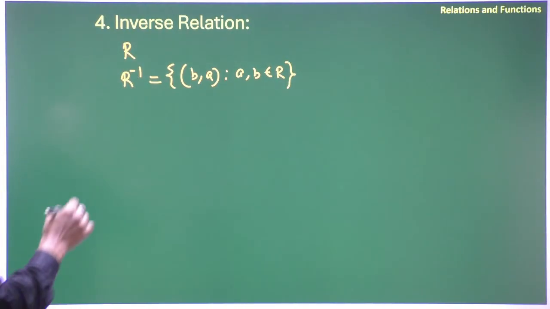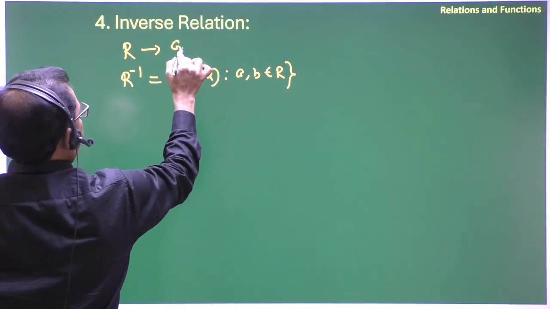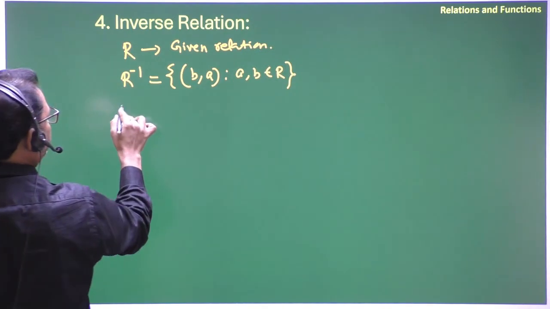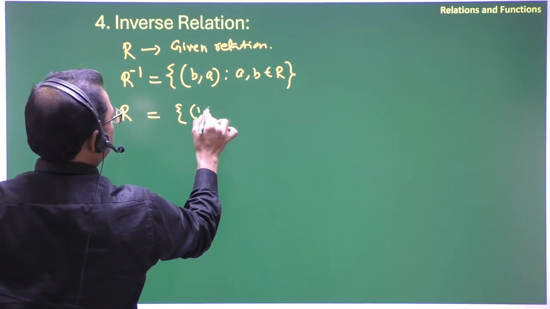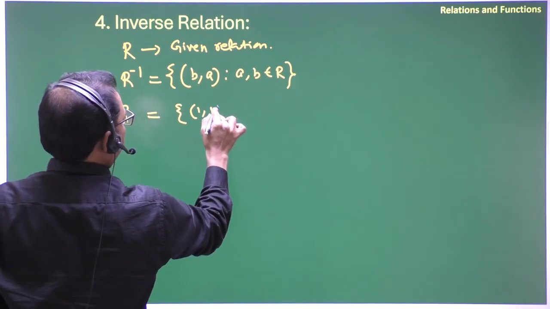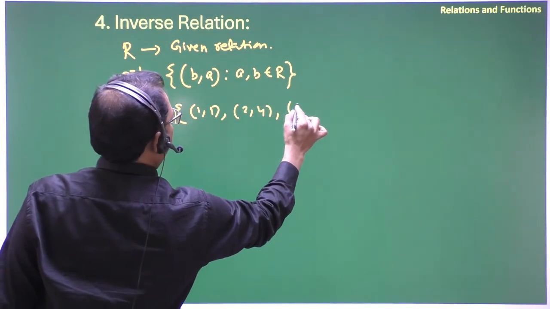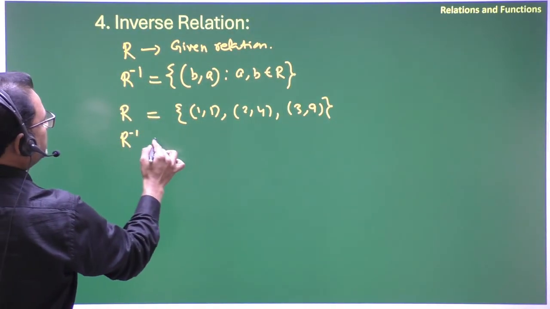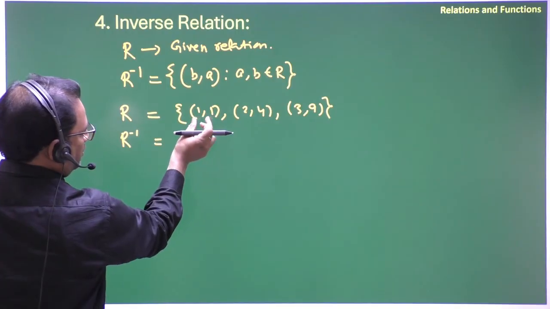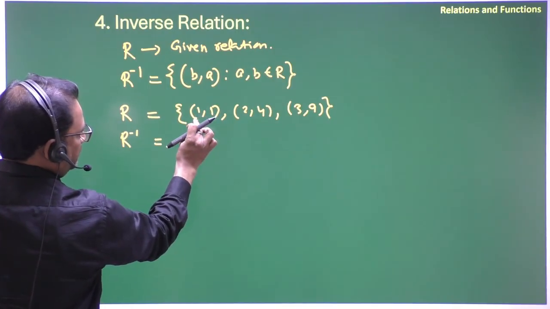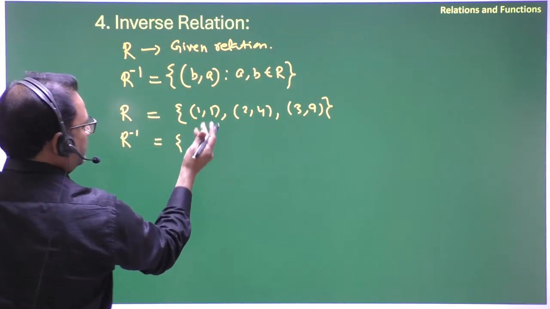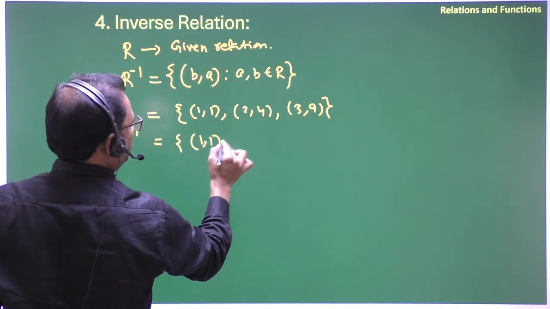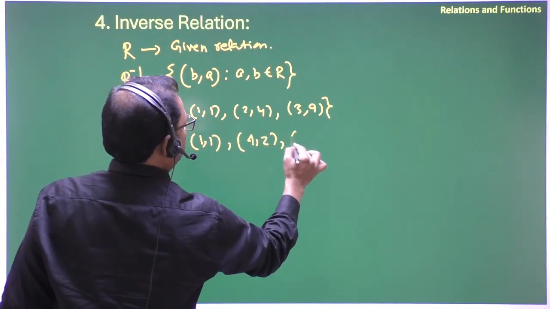For example, suppose R is a given relation, R equal to {(1, 1), (2, 4), (3, 9)}, that is 1 squared is 1, 2 squared is 4, and 3 squared is 9. So for R inverse, you just change the order of the ordered pairs. The first element becomes the second element and the second becomes the first: (1, 1), then (4, 2), and then (9, 3).